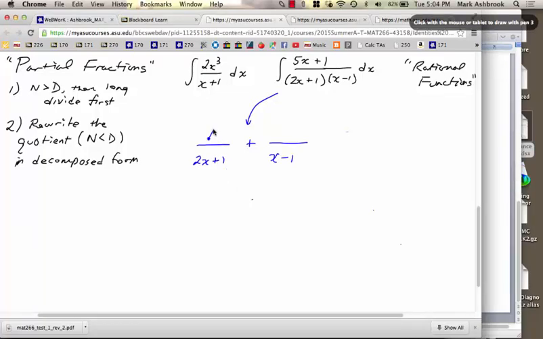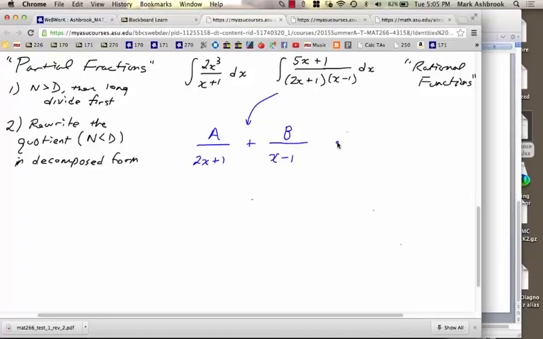So we'd call it A. We say there's some constant that's the numerator of this, because it's going to be power 1 less than the power in the denominator. All right, and then the same thing here, power 1. So we're going to take 1 less, and let's say there's some constant b.